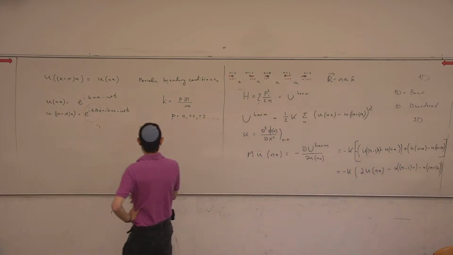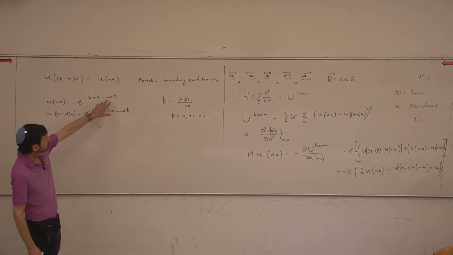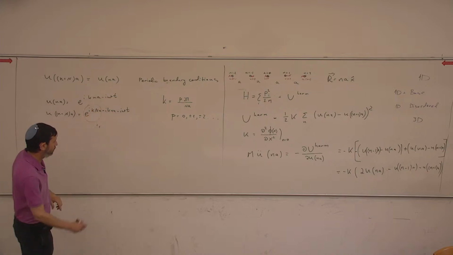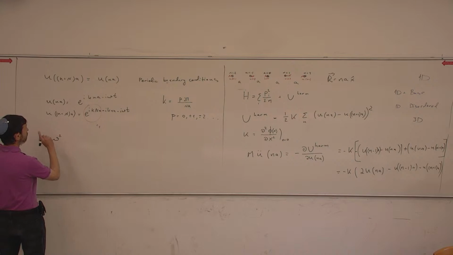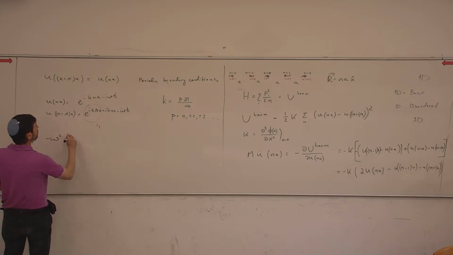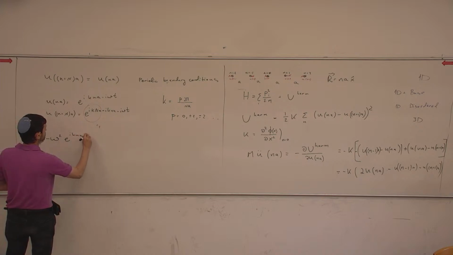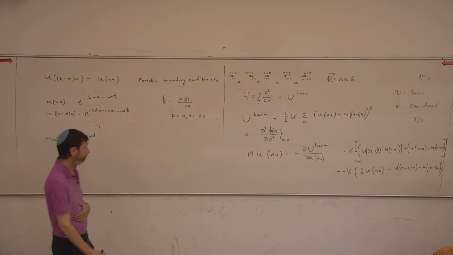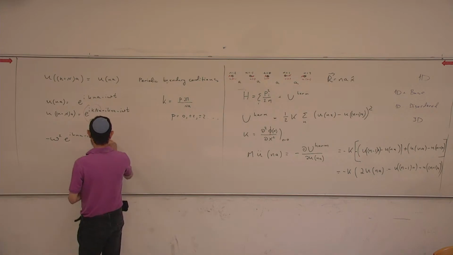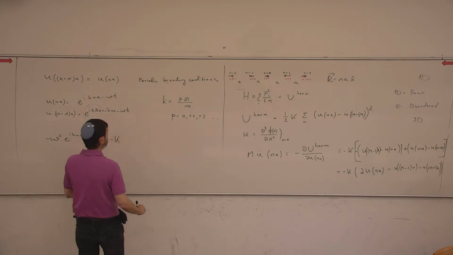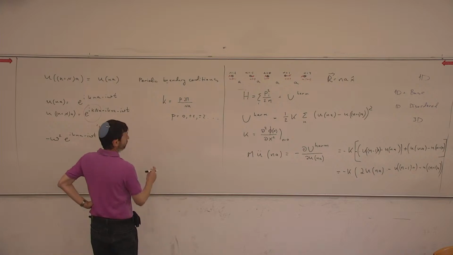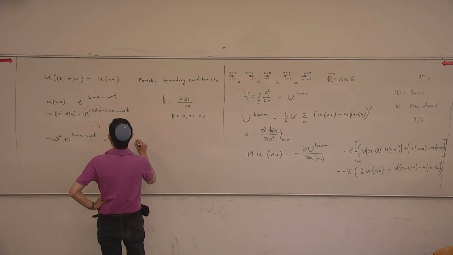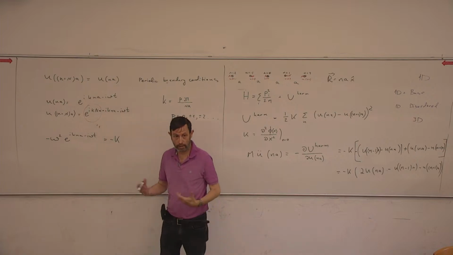Okay, so let's take our solution, substitute it into the equations, and see what we get. From the left-hand side, I have a second derivative, it sends me minus omega squared, and nothing else changes. And on the right hand, I have here u of n minus 1 a. So instead of n, I'm writing here n minus 1.